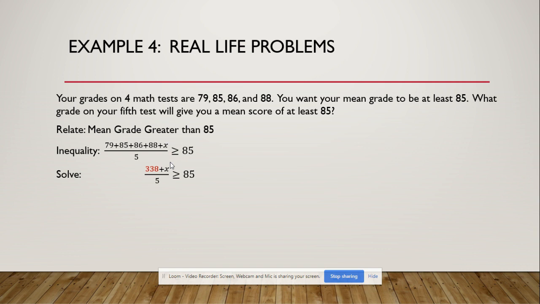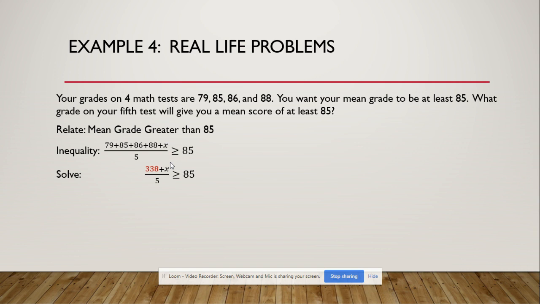Now comes the part where we need to start eliminating the numbers that are with x. Now, which order we pick here is a big deal. So once again, I want you to think about order of operations, PEMDAS: parentheses, exponents, multiplication, division, addition, subtraction. Notice we've got all of the x plus 338 in the top of that fraction.